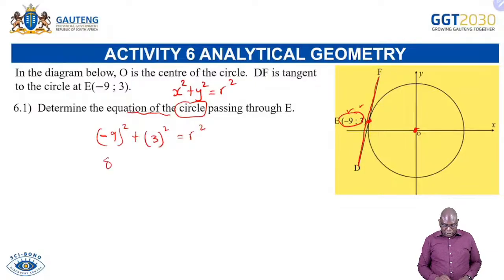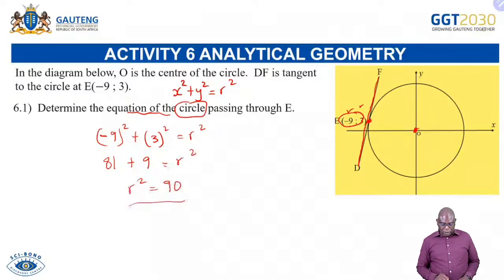So this is 81 plus 9 equals r squared, so my r squared is going to be 90. They asked me to get the equation of the circle, so I must come back here and say, therefore, the equation of the circle is x squared plus y squared equals 90. Okay.